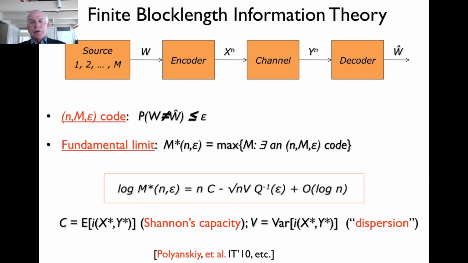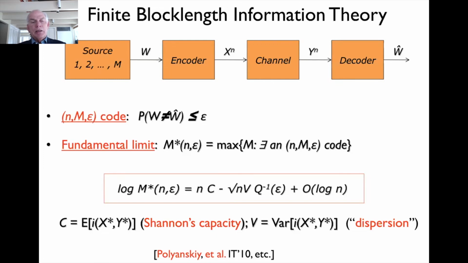So what is the dispersion? Well, you might remember Shannon's capacity is achieved by looking at the maximum of the mutual information between the channel input and channel output, maximized over the distribution of X. So if you choose X to be a random variable that has that input distribution, the one that maximizes, call it X star, and Y star is the channel output variable, then let I be the so-called information density.